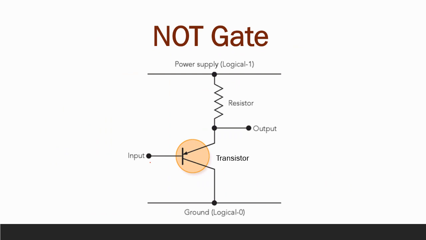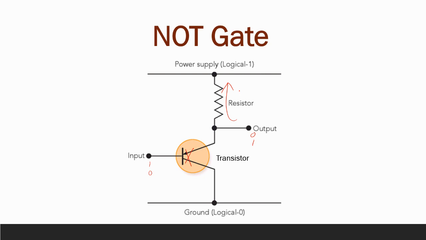When the input is at a high level, the transistor should conduct, so that the output is pulled down to the ground. Therefore, the output is at a low level. When the input is at a low level, the transistor shall shut down, so that the output is pulled up to the power.